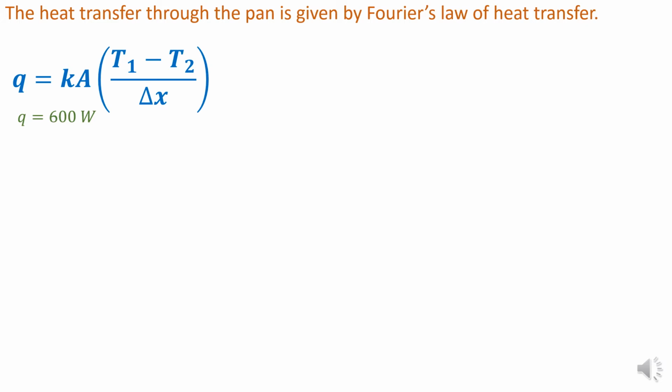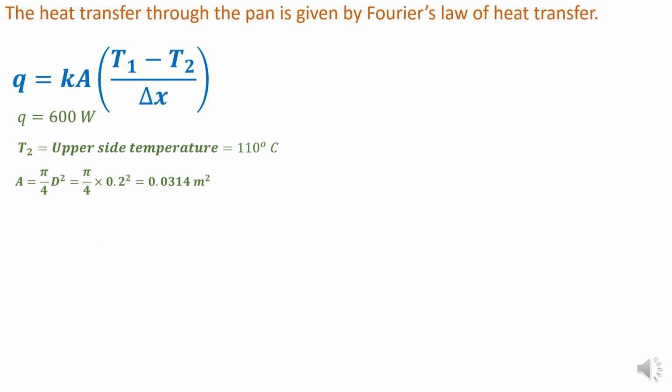From the question we have Q equals 600 watt, and T2, which is the upper side temperature, is maintained at 110 degrees centigrade. The perpendicular area will be the circular area of the pan, because the pan has a circular cross section.